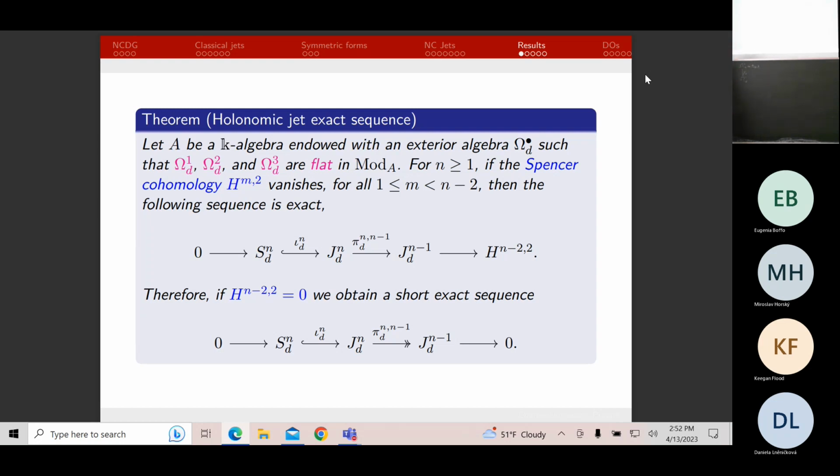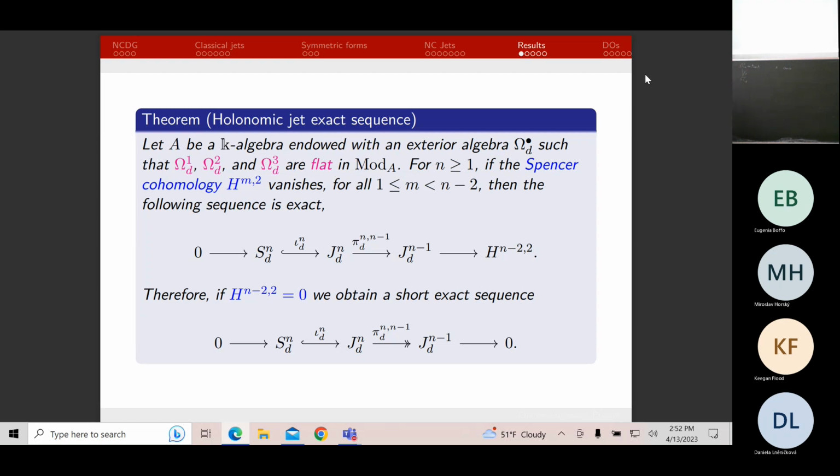Now, this sounds like a strong assumption until we think of the geometric meaning of Spencer cohomology, which is associated to the solvability of the differential equation. And in particular, asking that the Spencer delta complex vanishes is the same as asking that on the bundle E, the equation 0 equals 0 has a solution, which hopefully is true.